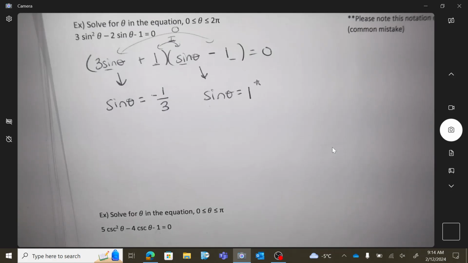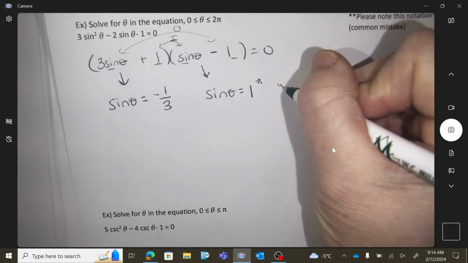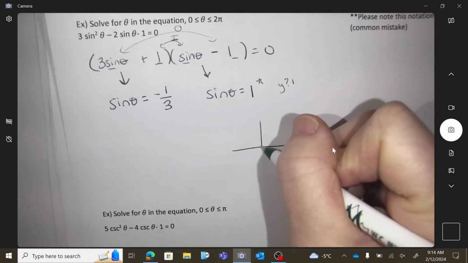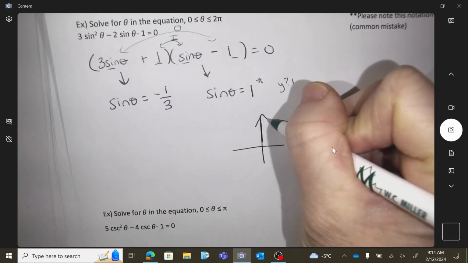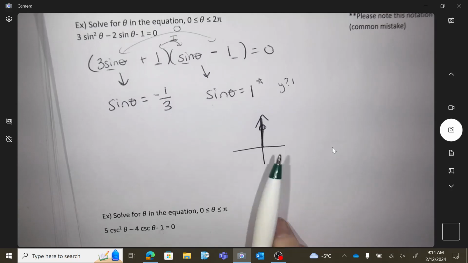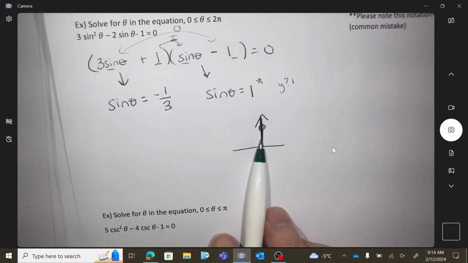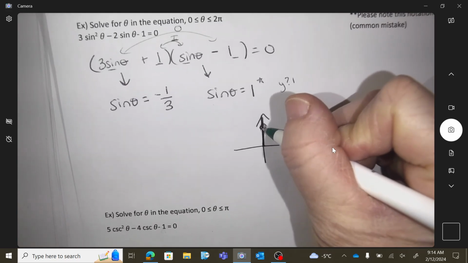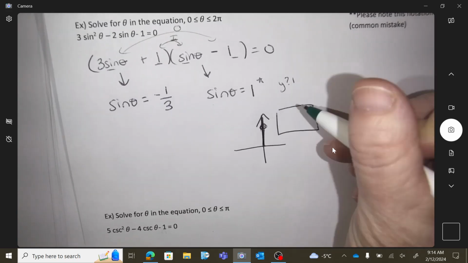So what is sine again? What are we always doing to sine? Y. So where would you ever see this y value of 1? You would see it up there, right? Okay, so this is it. That's the only time I ever see a height of 1.